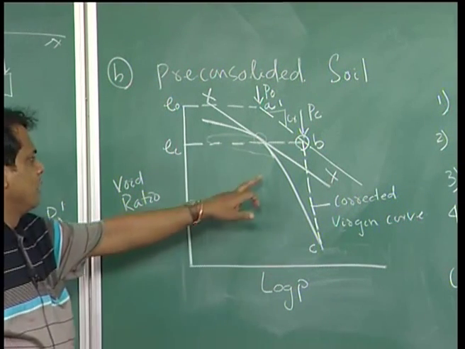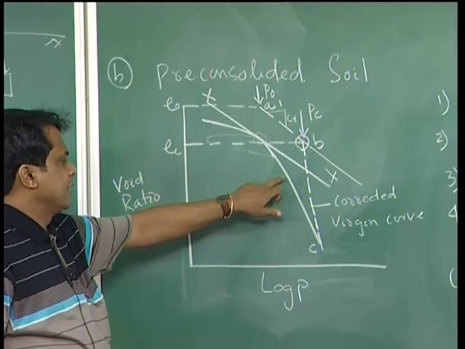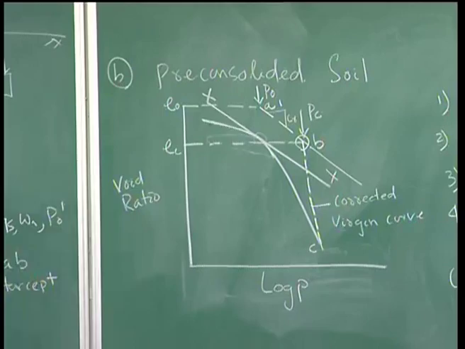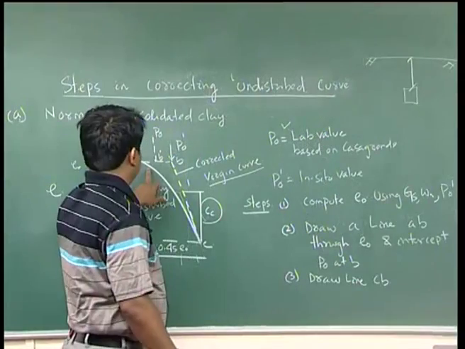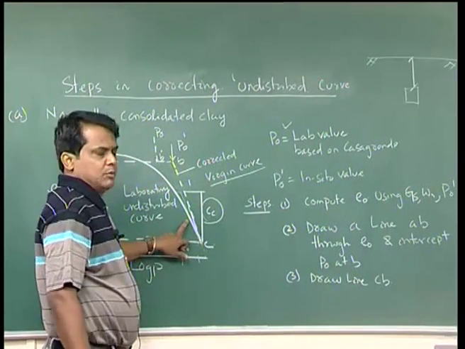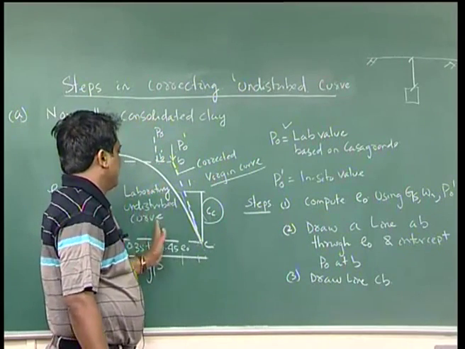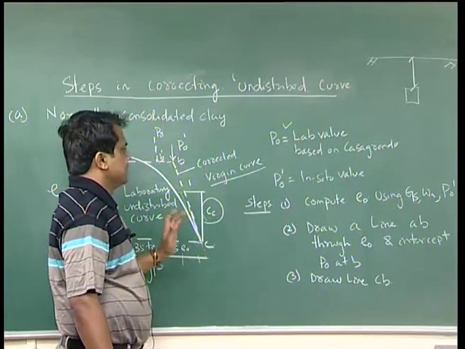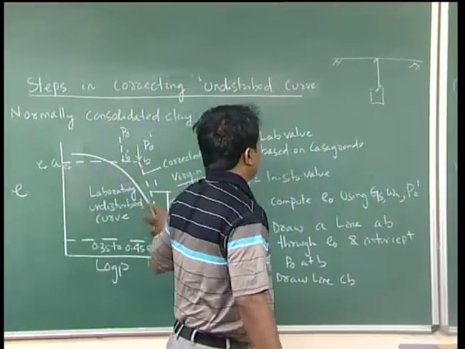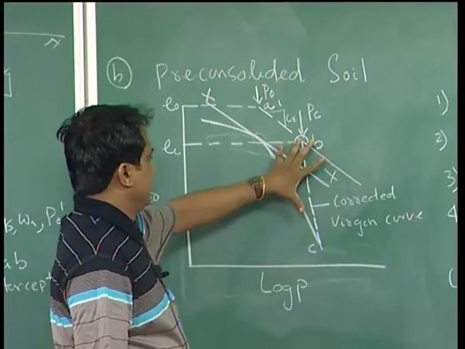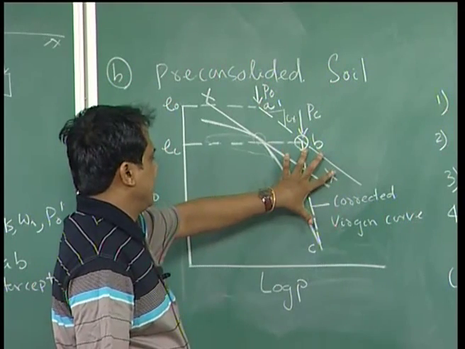This is your virgin curve for laboratory condition, and this is your corrected virgin curve in the case of field condition. You can also find CC with your laboratory undisturbed curve, but a correction is required, because overburden has been lost. Similarly, in the case of pre-consolidated soil, you can get the corrected curve from BC.